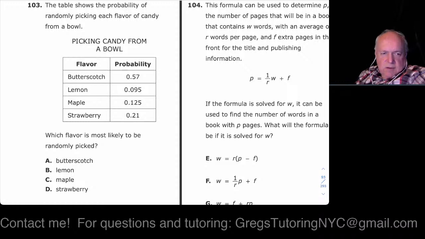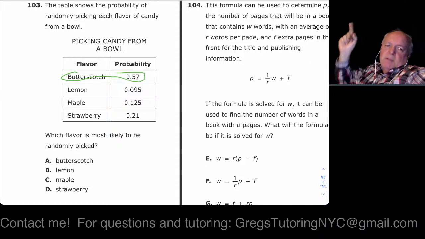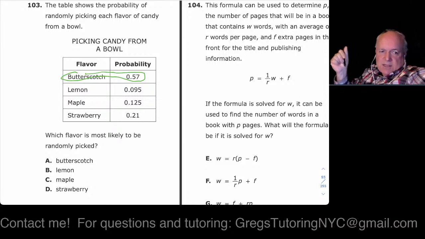So we're looking for the highest number here, which would just be the butterscotch, right? When something's fully probable of being picked is 1. When it's not going to be picked at all, it's 0. So we're trying to look for the highest number out of that group of things there, okay?